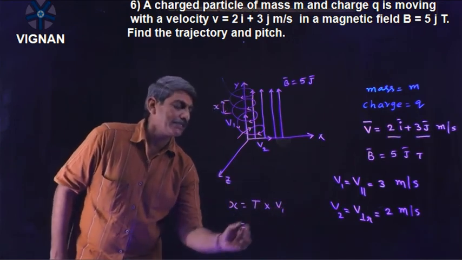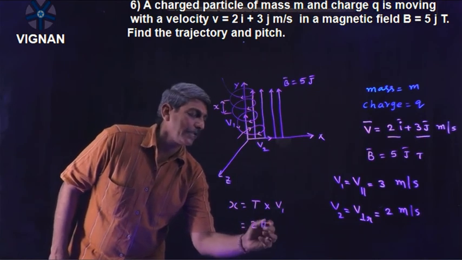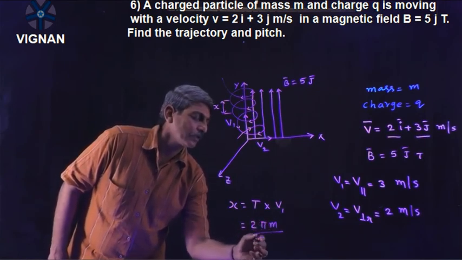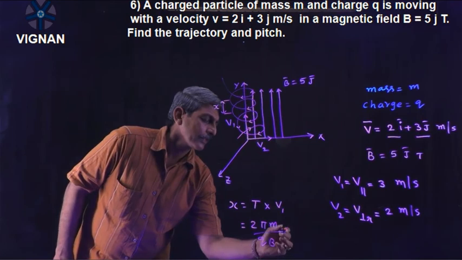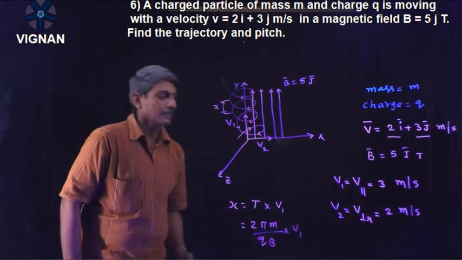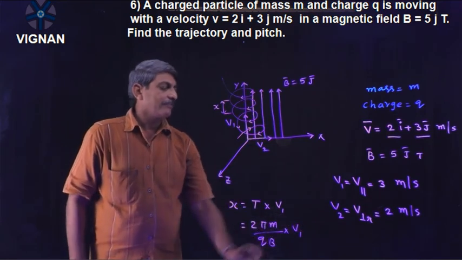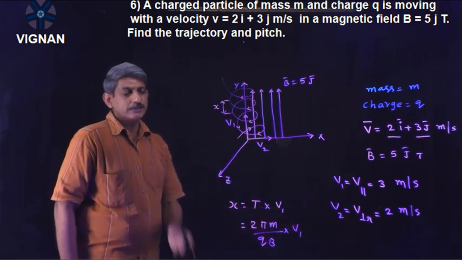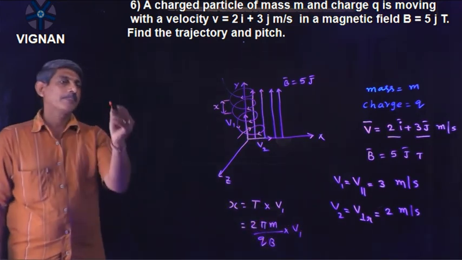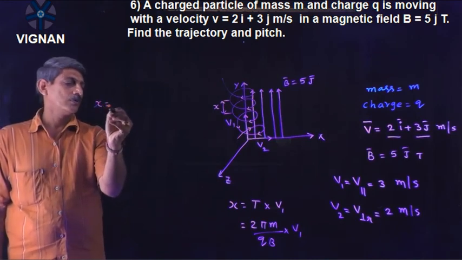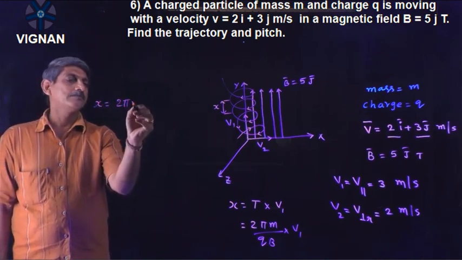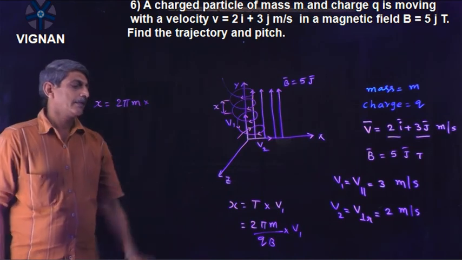Here the time period is equal to 2 pi m divided by qB, into v1. Here B is given for us, v1 is given for us. Substitute the values, then we get the x value. That x is equal to 2 pi m into v1.